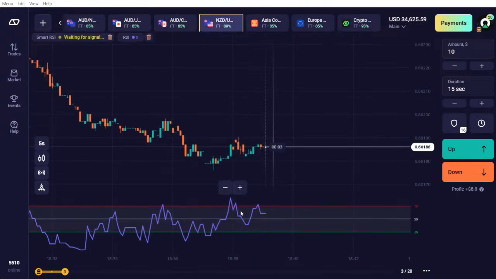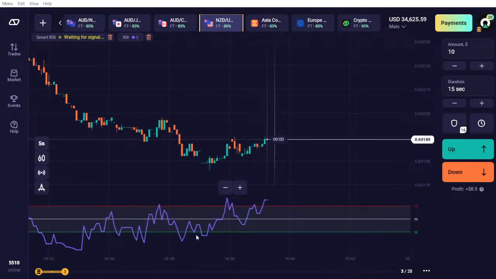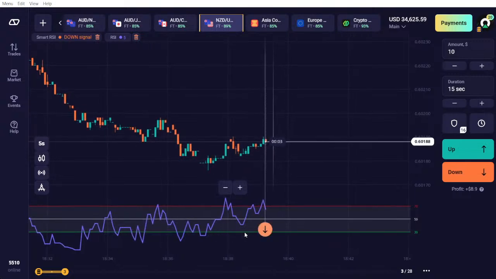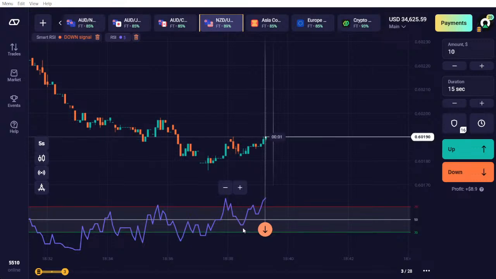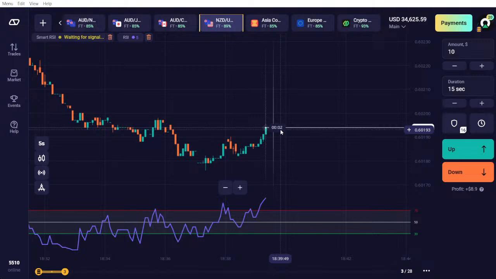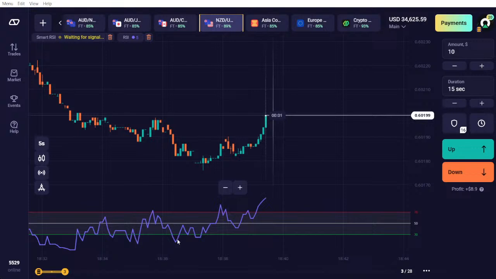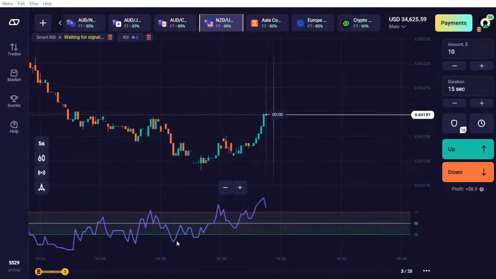If this blue line crosses over this red line in the upward direction, like it recently did, or moves downward and crosses the green line, we can assume there can be a price correction. If prices keep rising, the correction means some downfall in price, or if prices keep decreasing, there can be an increase in price.